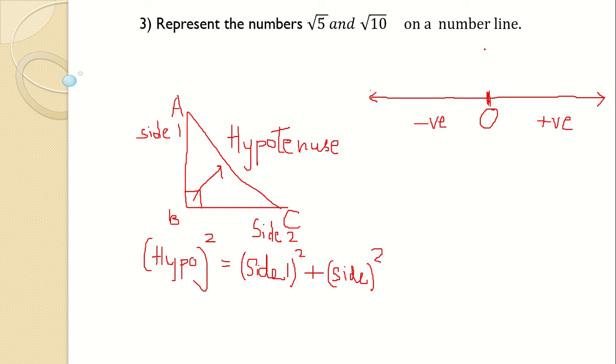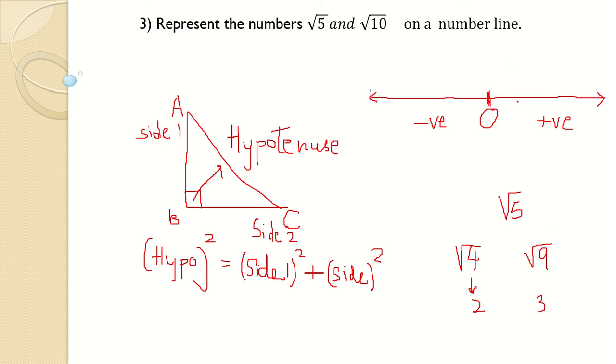Now on this number line, first we have to plot root 5. You must understand one thing about this root 5. Root 4 is 2, and after root 4, for 3 we have root 9, right?